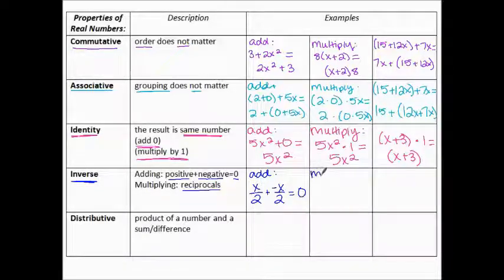For multiplication, this idea of a reciprocal, so if I have x over 2, just like in this example, I want to multiply it by its reciprocal. The reciprocal means I'm going to flip or change these two positions. So if I have x on top and 2 in the bottom, I want to have 2 on top and x in the bottom. And that is going to be equal to 1.